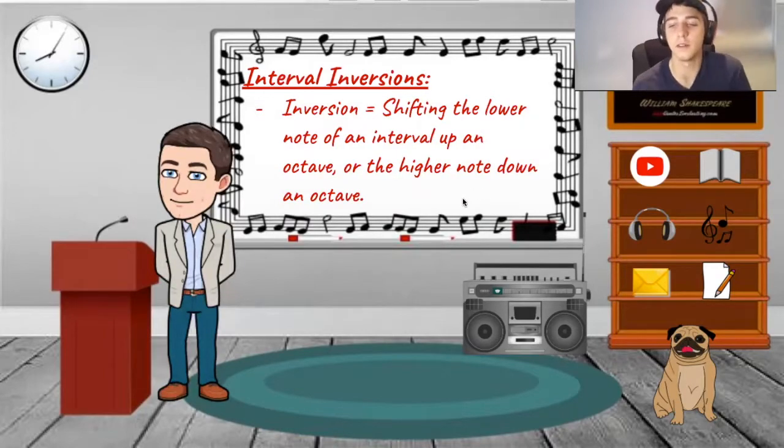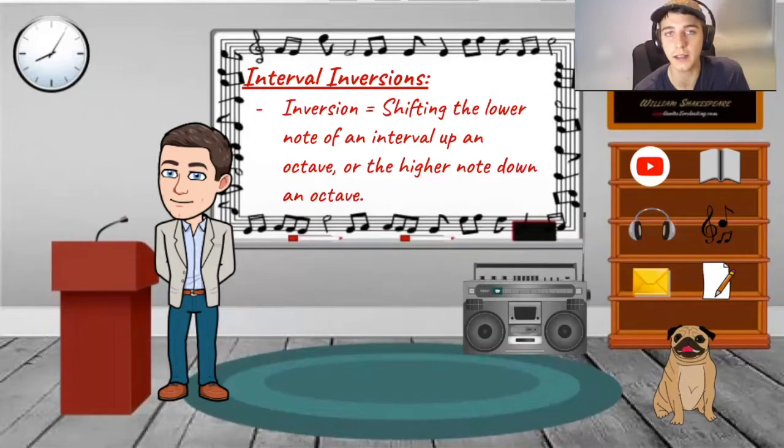So what we can do with intervals is we can invert intervals. And let me start out by saying this. If you broke up an octave into two intervals, both of those intervals would invert to create the other. So let's say I broke up an octave into a sixth and a third.